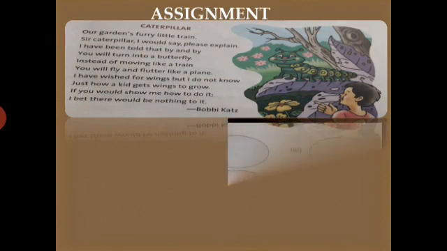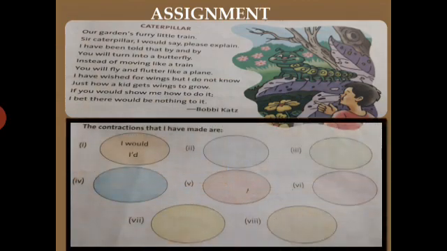Like this blurb, you have to draw in your notebook, and read this poem carefully, and the example which is given here. The first one is done for you. Like this you have to solve this assignment. The contractions that I have made are, you have to write some phrases and some words.